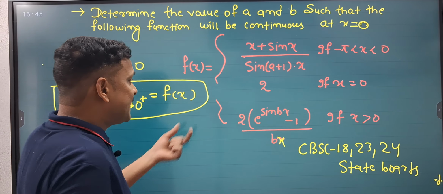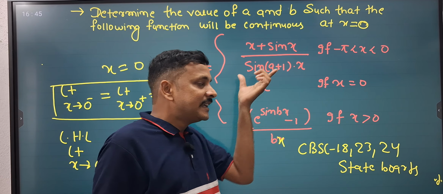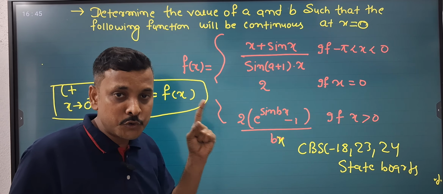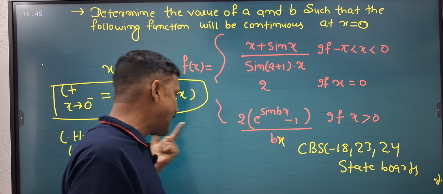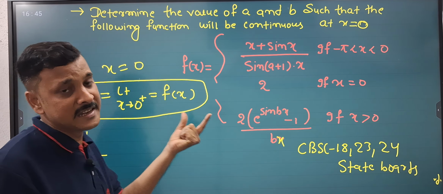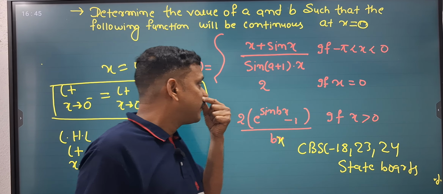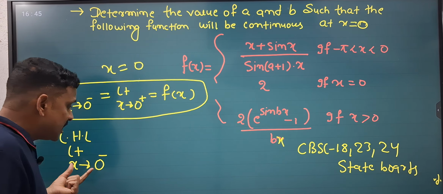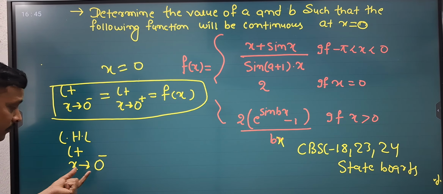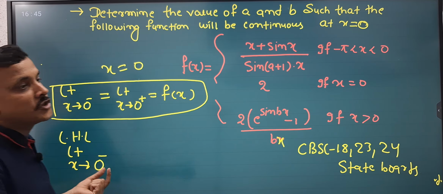They have given 3 functions, and in these 3 functions I have to choose one function for the LHL limit. Which function is that? How will you find that? LHL limit means the value of x will be slightly less than 0.